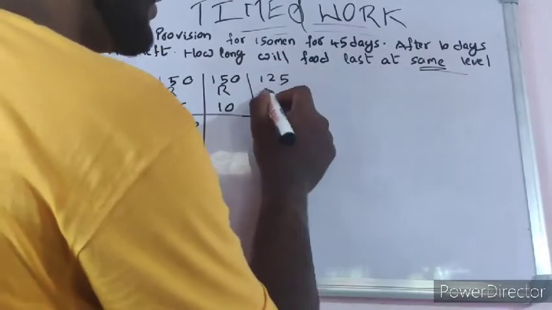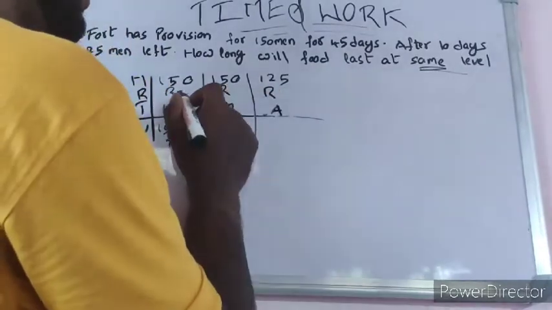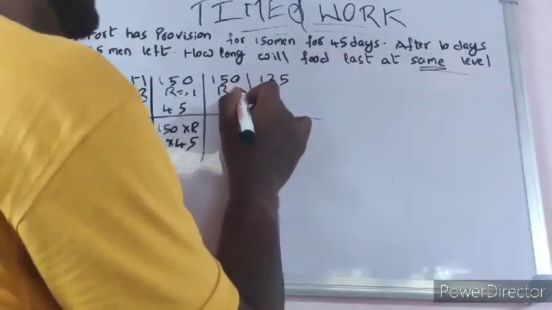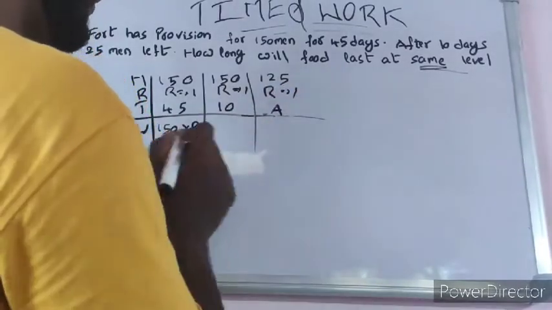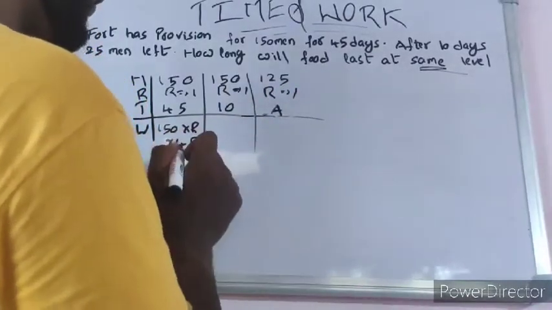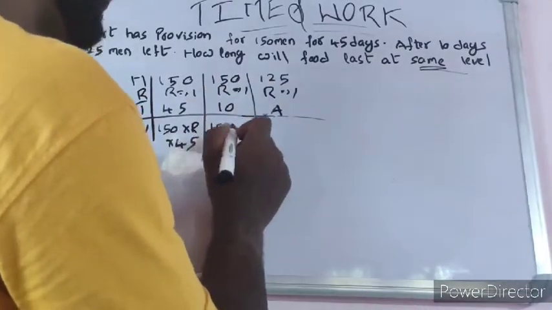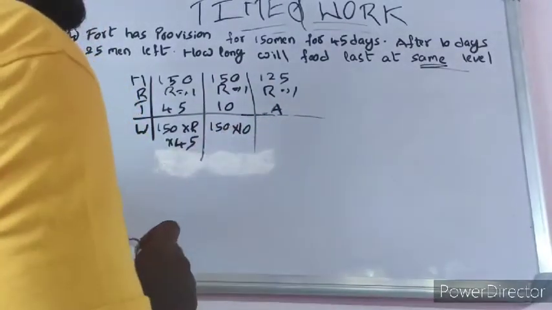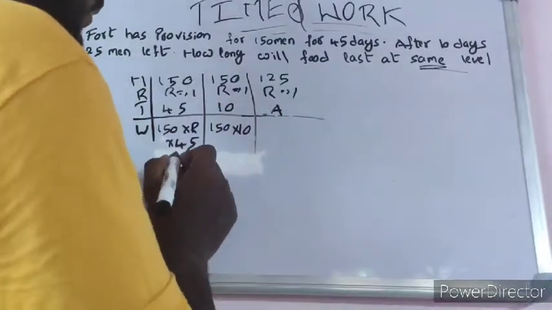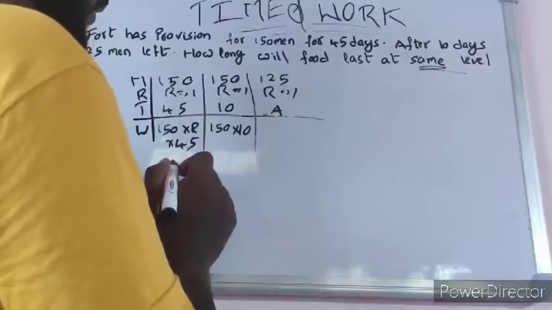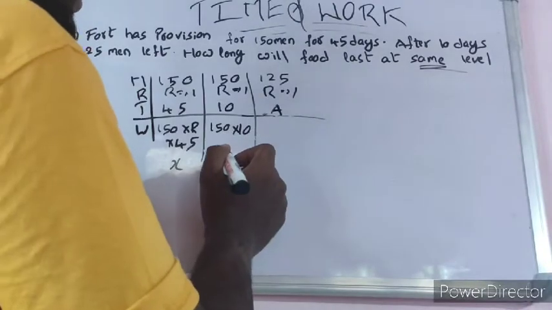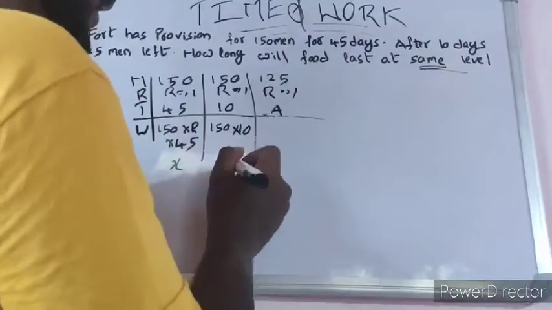As in the question it was mentioned that rate is same, let's take rate as 1. So 150 into 45, that's all we need to find. Here it is 150 into 10. When you solve this, you will get some value x. When you solve this, you get some value y.